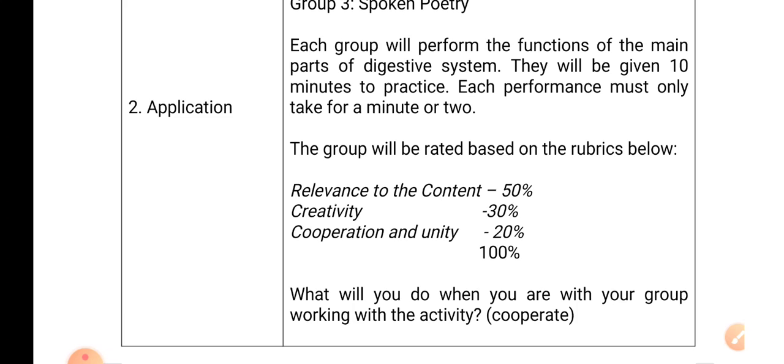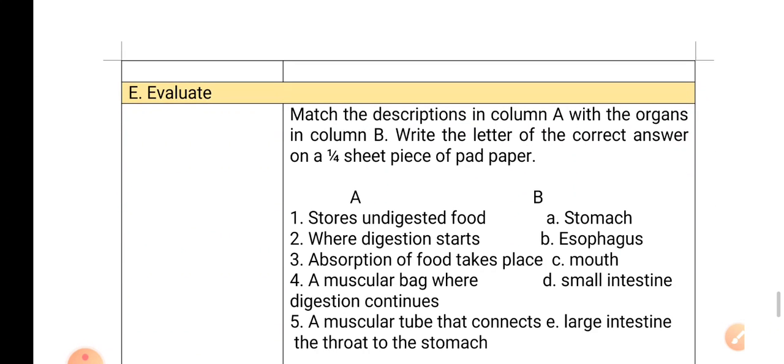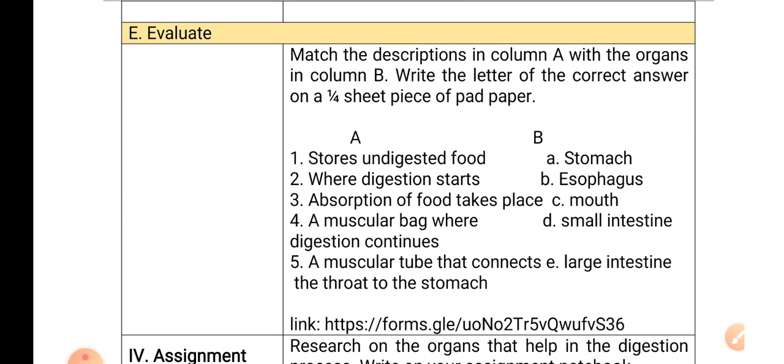And of course, don't forget to write your instruction here as well as your rubrics if it is a performance task. And of course, for my evaluation, match the descriptions in column A and column B, matching type. For example, number 1, stores undigested food. They will identify the part wherein that is its definition.